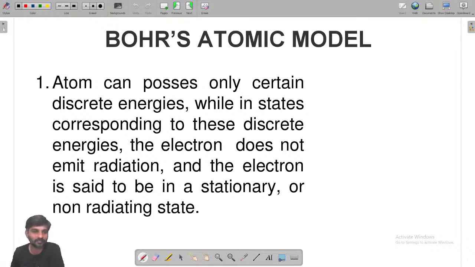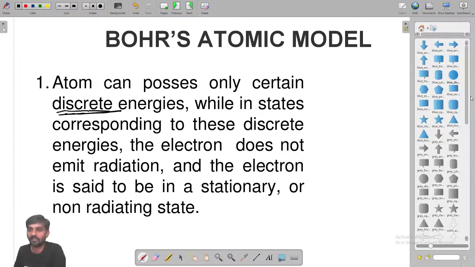Understand this: the word discrete is very important. While in states corresponding to these discrete energies, the electron doesn't emit radiation, and the electron is said to be in a stationary or non-radiating state. Whatever is said here is very important.